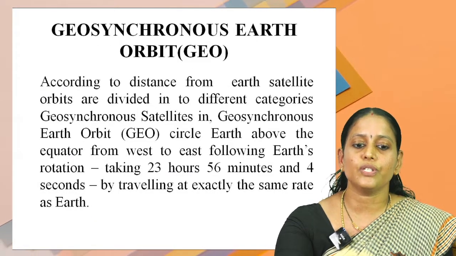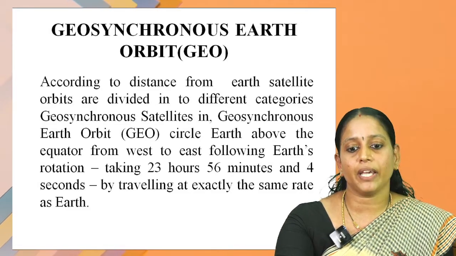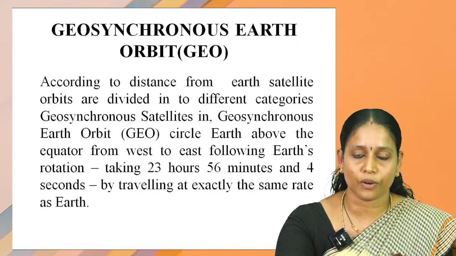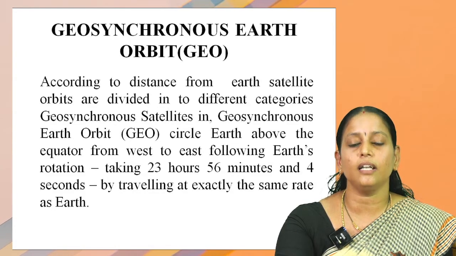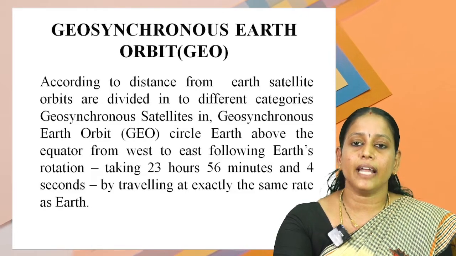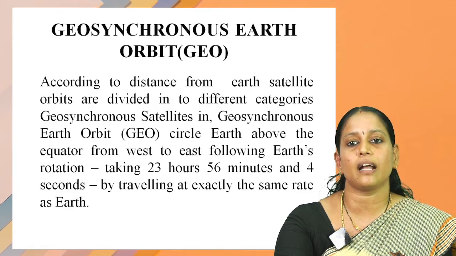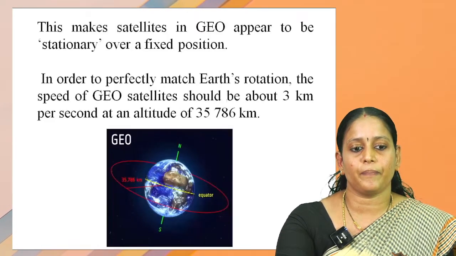Next is the geosynchronous orbit, or GEO. According to the distance from the earth, satellite orbits are divided into different categories. Geosynchronous satellites are placed in a geosynchronous circle above the equator, moving from west to east, and they take 23 hours 56 minutes and 4 seconds, travelling at exactly the same rate as the earth's rotation.